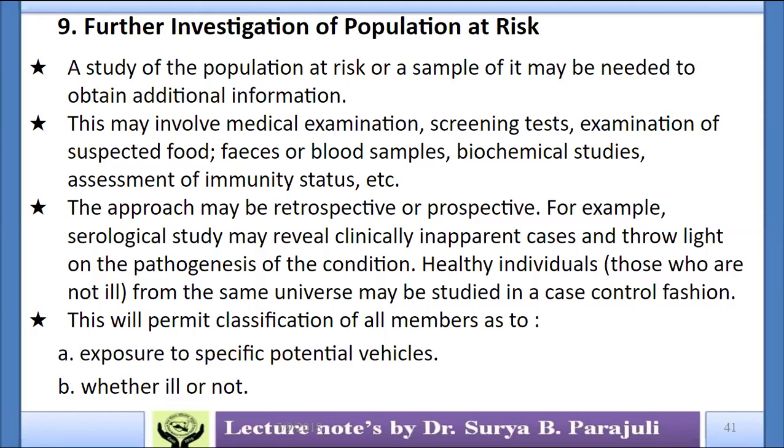So in the current COVID-19 pandemic, we have failed at proper identification of asymptomatic cases and their containment. This is the major challenge.